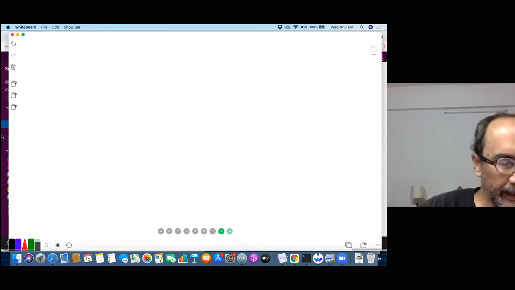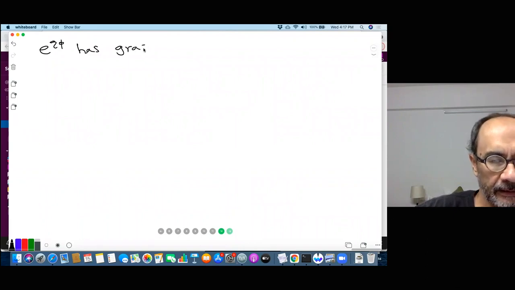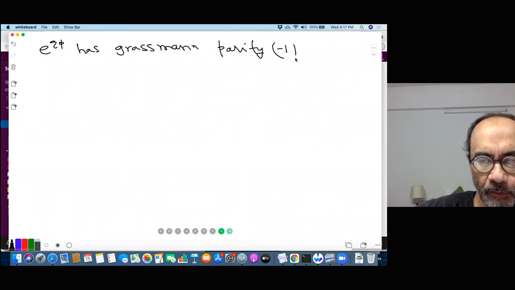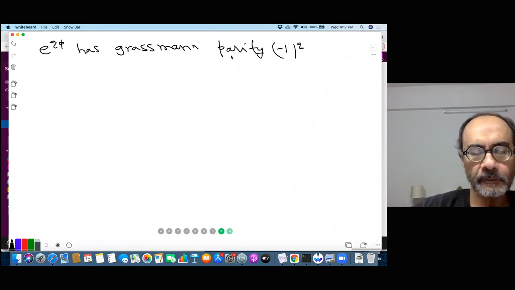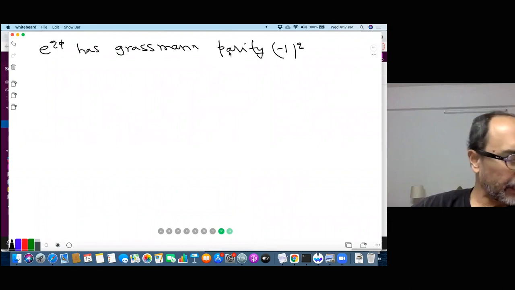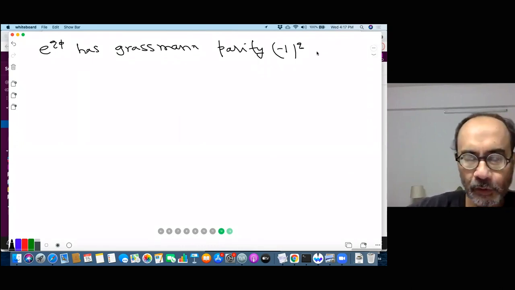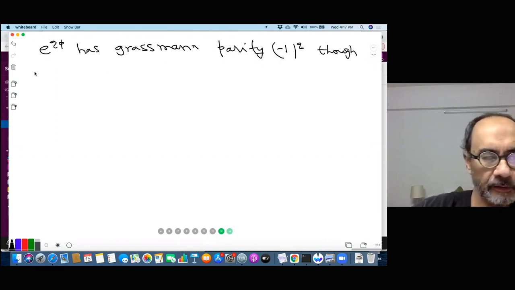The point is that e to the q phi has Grassmann parity minus 1 to the q. This will also become clear when I write down the operator product expansion. This is despite the fact that phi is a boson, and this is something that happens in 2 dimensions.